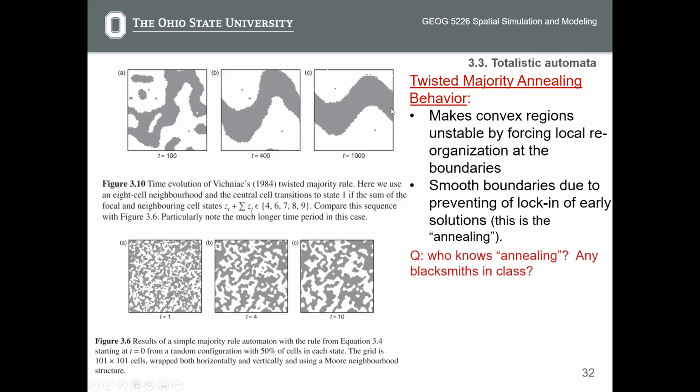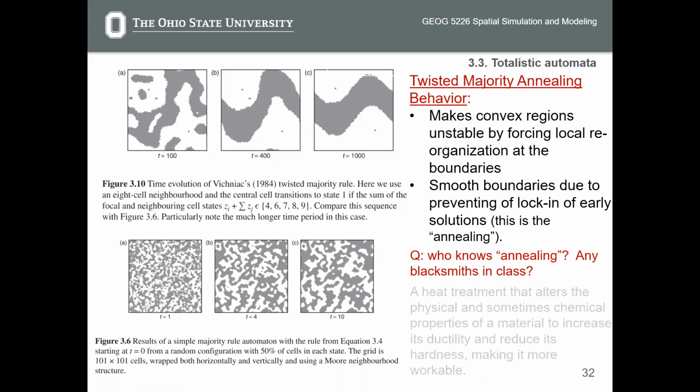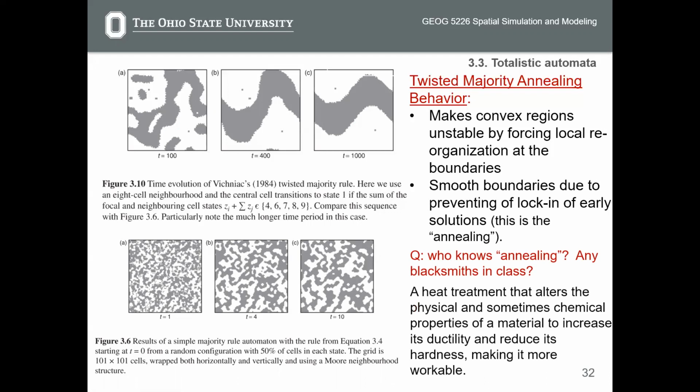And what is annealing? It's a heat treatment that alters the physical and sometimes chemical properties of a material to increase its ductility, the ability to conduct electricity or heat, and reduce its hardness, making it more workable.